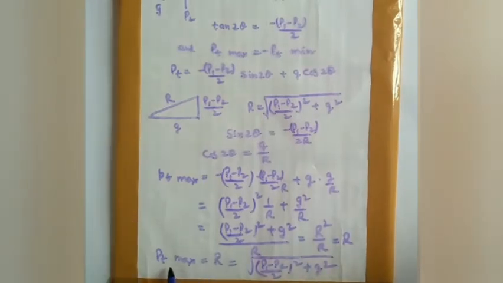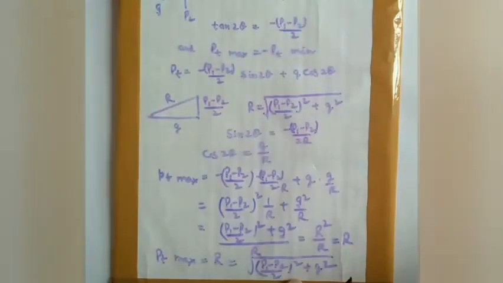So we get the value of pt max equal to root of ((p1 minus p2) by 2) whole square plus q square. p1 and p2 are the normal stresses and q is the shear stress acting on the stressed element.